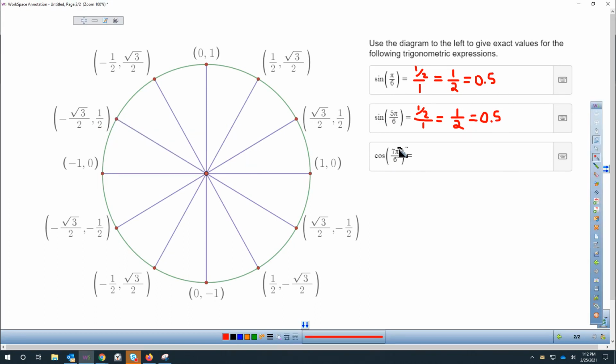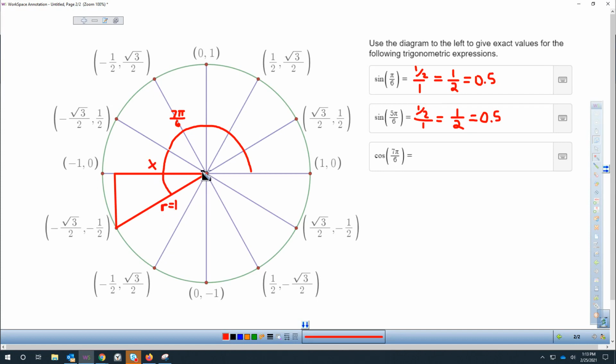Now the cosine of 7 pi 6. We left off with 5 pi 6 here. 6 pi 6 would be halfway around the circle. 7 pi 6 would be right here. So I want to find the cosine of this angle here. And the cosine, remember, is going to be this length here, which we'll call x, divided by this length here, which we'll call r. And r is 1.